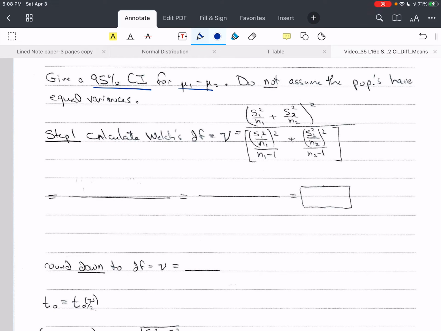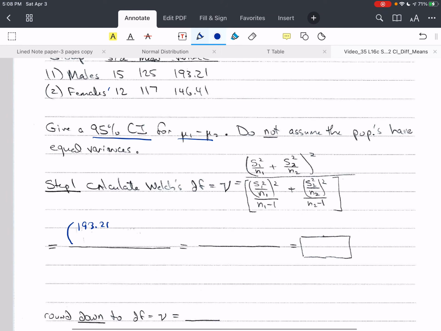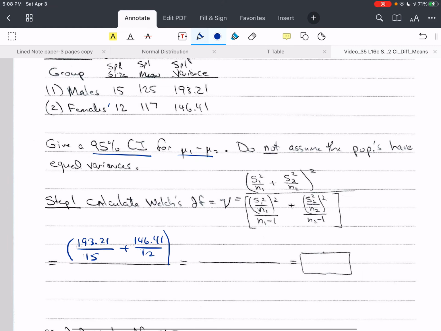In the numerator, I'm going to have 193.21, that's s1 squared, over 15, plus 146.41 over 12. Again, please pay attention to whether this is the variance or the standard deviation. In this case, it's s1 squared and s2 squared.